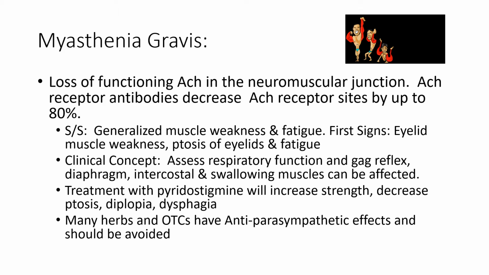So how can we improve the neuromuscular communication again? Well, the first thing that we need to do is these people need to be treated with immunosuppressants, okay, to stop the immune system from producing these autoantibodies that are destroying the receptors in the first place.